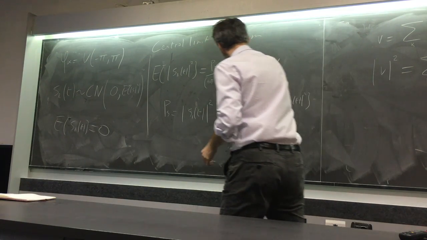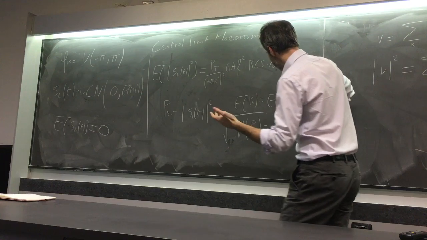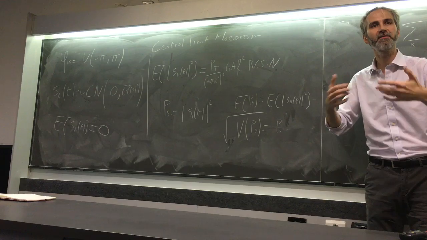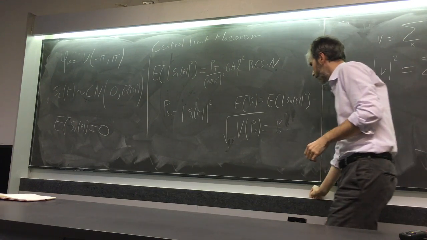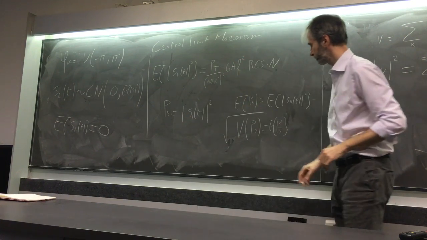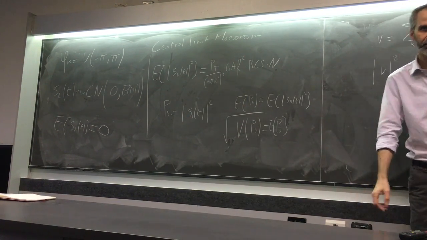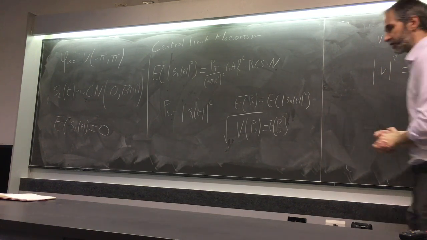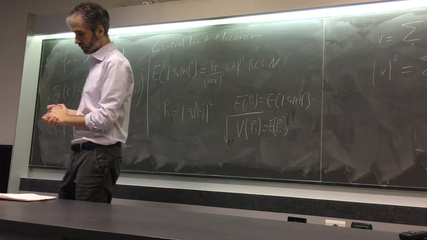So the standard deviation of your measurement of power is equal to the expected value of your power. Sorry, I should have written here expected value, of course. So you get something that is oscillating, and this is unknown, of course. And this is what you have when you have many targets in the same resolution cell.